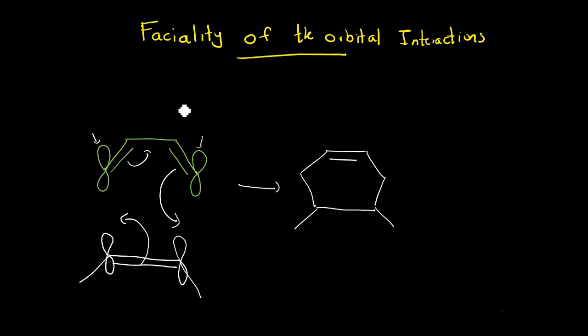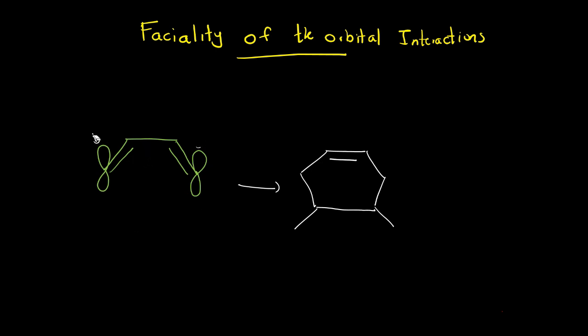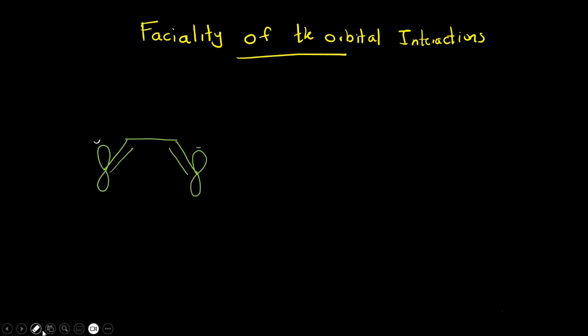As I told you earlier in this video, there are two ways in which these interactions can happen. So let me introduce these two ways in which the orbitals are going to interact with each other. Looking at this segment, I will put positive and negative signs on these two orbitals, just for simplicity.